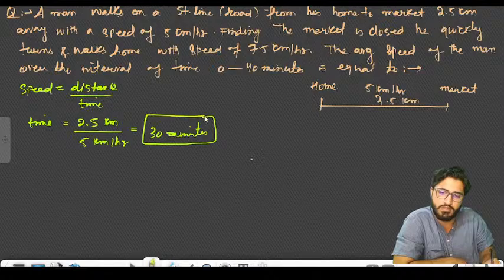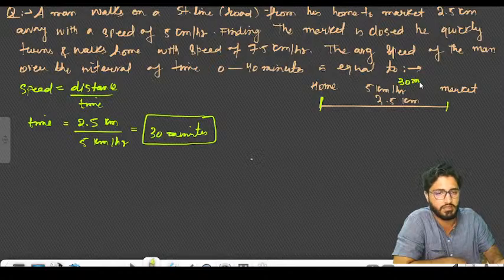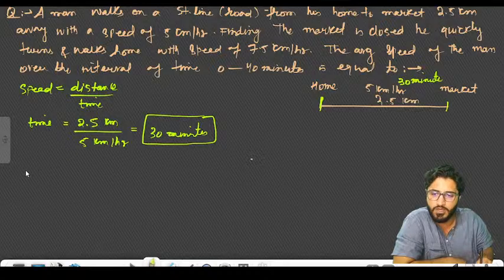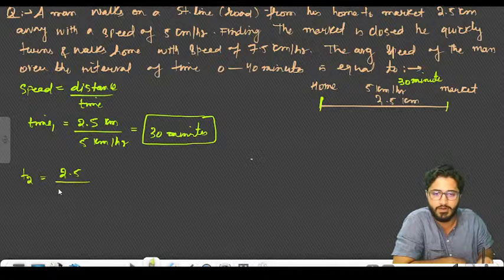That means the person goes from home towards the market, he spends 30 minutes. While coming back, T2: distance is 2.5 and speed is 7.5.